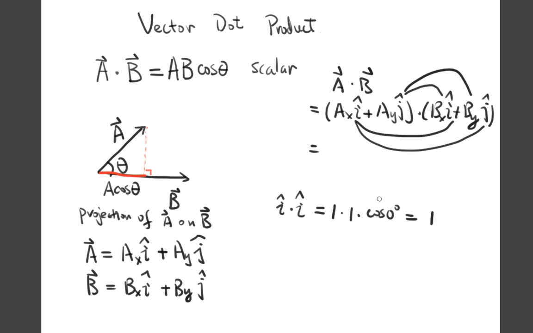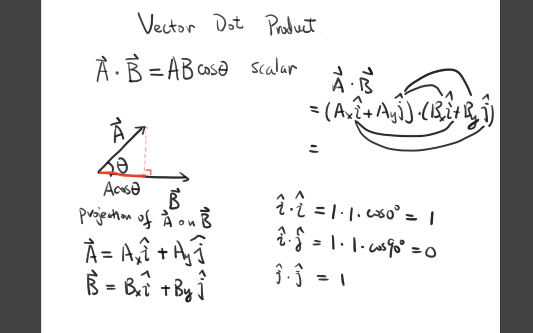So that gives us 1. Now how about I hat dot J hat? According to definition, it should be 1 times 1 times cosine 90 degrees. And cosine 90 degrees equals 0, so we get 0. And J hat dot J hat is the same as I hat dot I hat, equals 1.